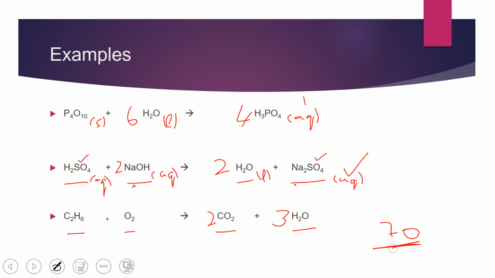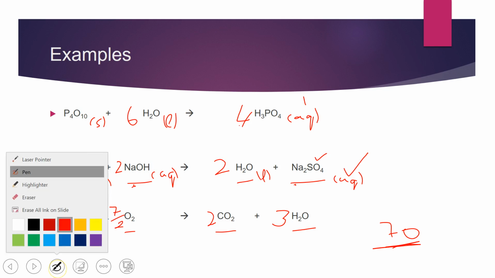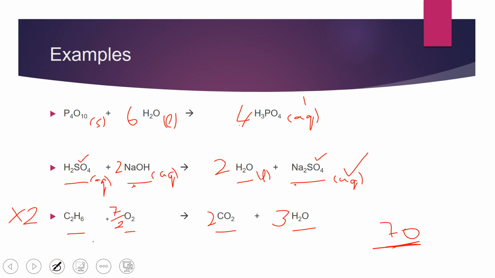Quite often, if I have 7 oxygens, when I've got an odd number on the right-hand side and oxygen only coming as oxygen gas on the left-hand side, that means that I would have 7 divided by 2, which is not a whole number, which means I need to multiply my entire equation by 2 in order to make everything a whole number.